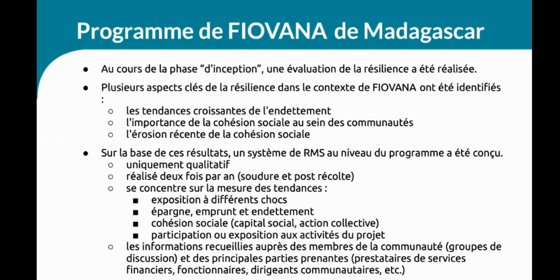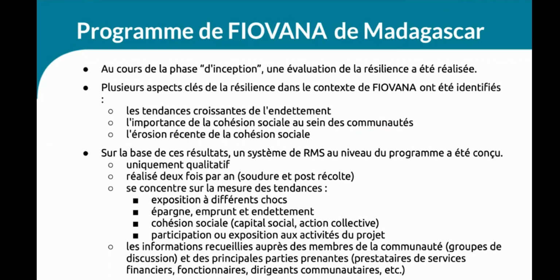It was decided that we only needed to collect information twice a year to capture the extremes of the lean and post-harvest periods. And then it focused on measuring these critical variables that were identified in the first assessment.